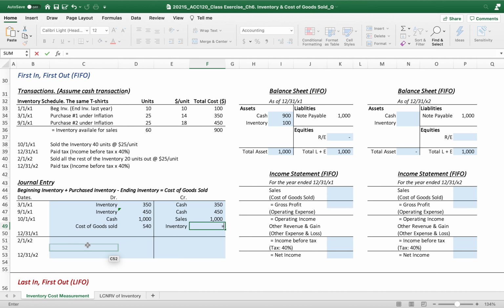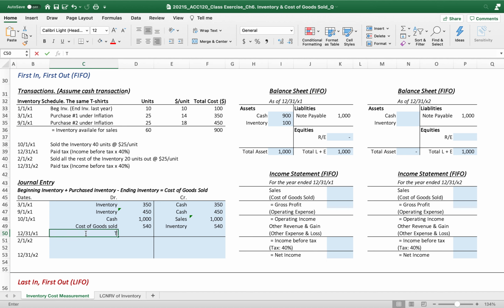That is the inventory cost out. Again, based on the first in, first out method, we start counting the beginning inventory because it is first in, and then the first purchased, the 25, and then out of 25, 5. So 5 times $18, okay? So we measure the cost of goods sold and the inventory out, 540.